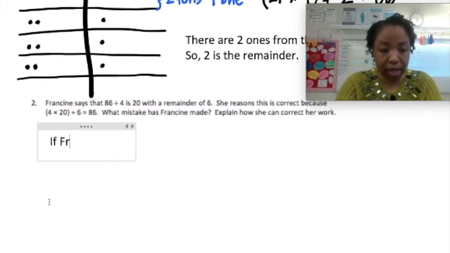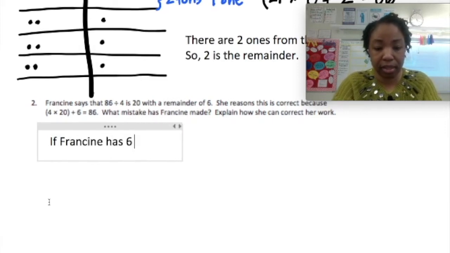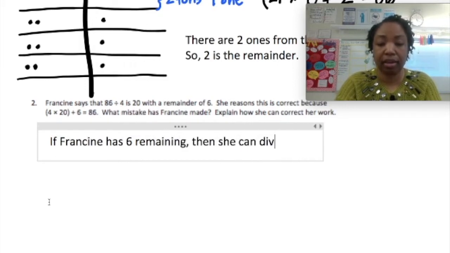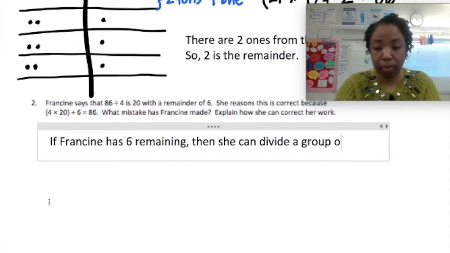If Francine has 6 remaining, then she can divide a group of 4.